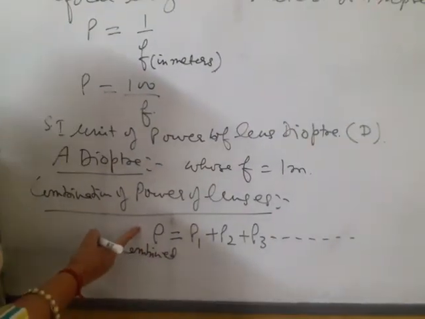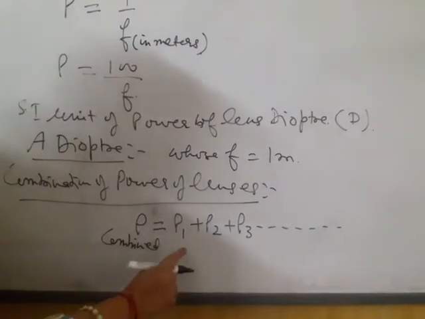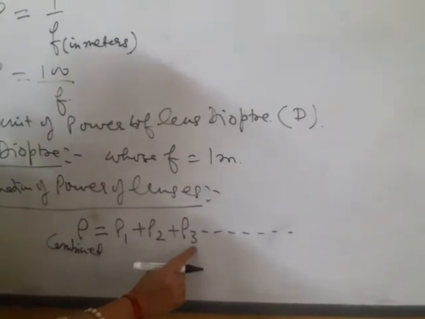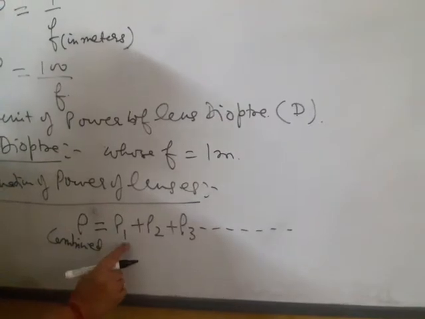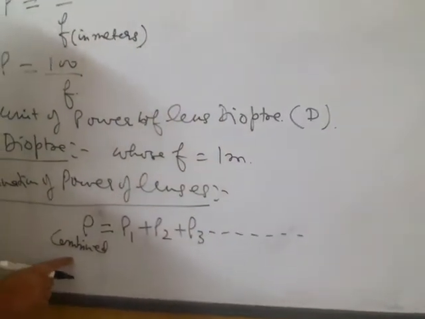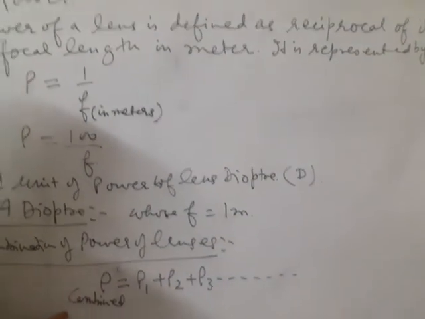Combined power of that particular combination is equal to the algebraic sum of power of individual lenses.